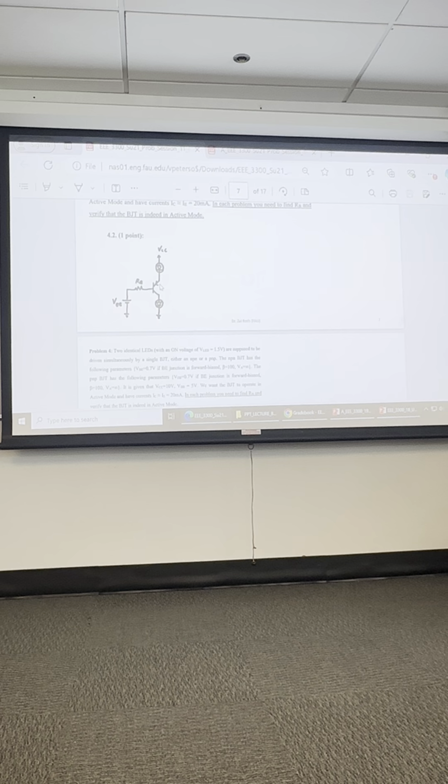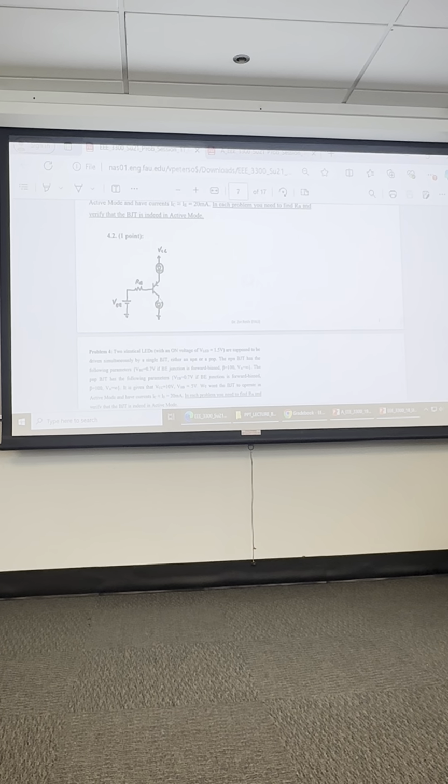The collector, now what would be the collector voltage? Would it still be 1.5? Now, knowing the collector is helpful. It's not going to help much in finding R_B, but the emitter, so what's our base voltage here?